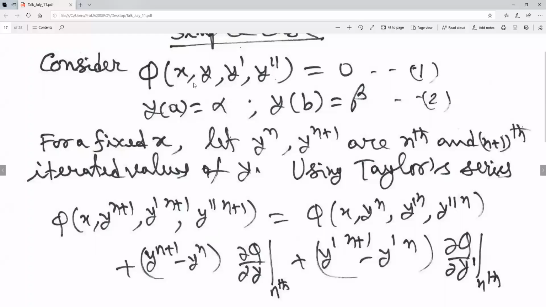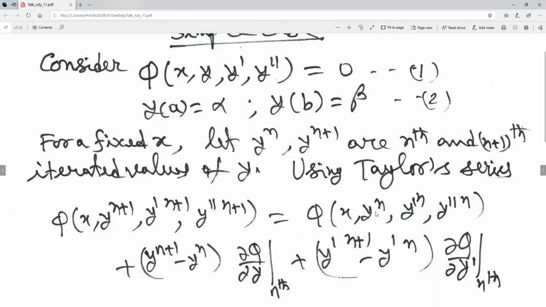So for yn plus 1, x is fixed, x does not change. If I expand this equation, the yn plus 1 iteration stage in terms of the nth iteration stage, then I get a Taylor series function of 1, 2, 3 variables.